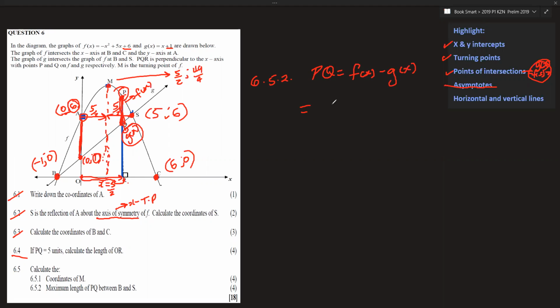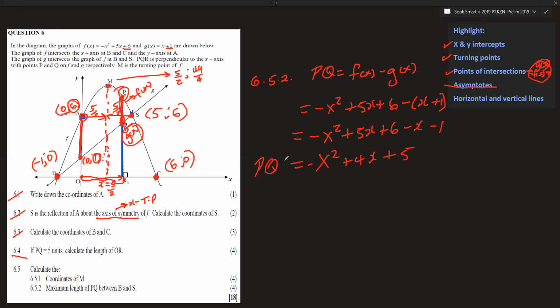So we're going to now substitute negative x squared plus 5x plus 6 minus (x minus 1)... so negative x squared plus 5x plus 6 minus x plus 1 gives negative x squared plus 4x plus 7.